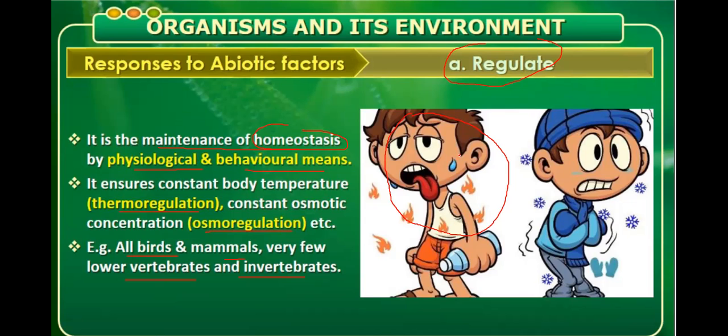The body will maintain constant temperature by sweating. If the external temperature is very low, the body has to maintain the internal temperature constant, so it will start shivering. So shivering and sweating are two processes to maintain what? Thermoregulation in humans.